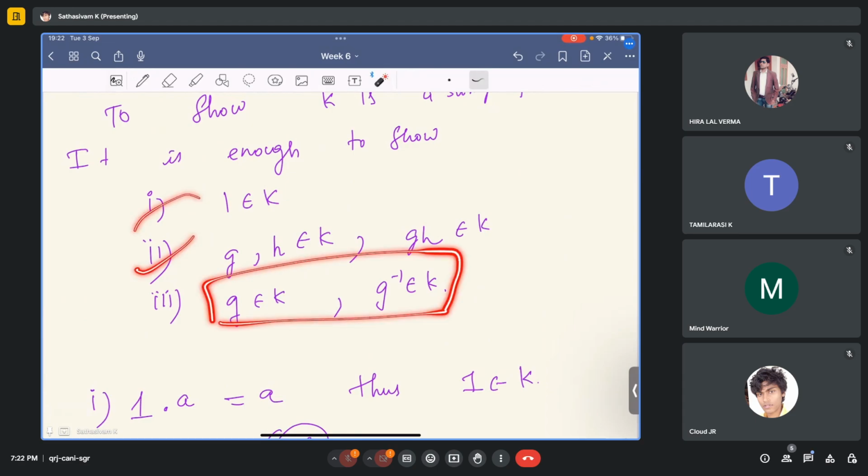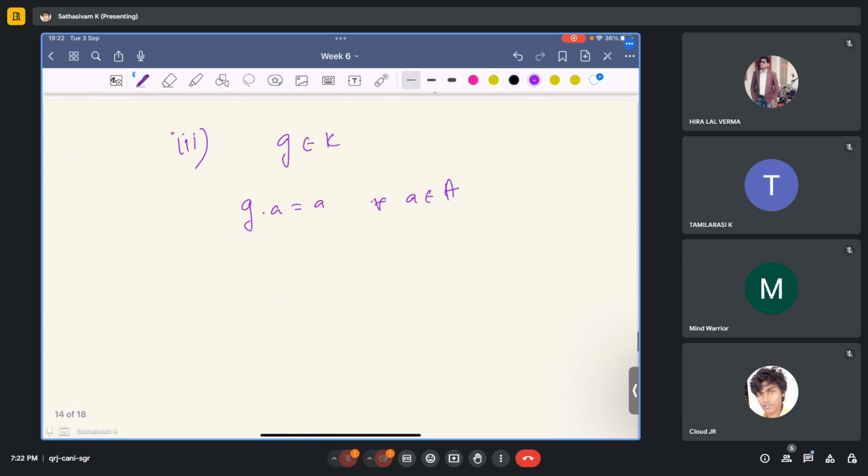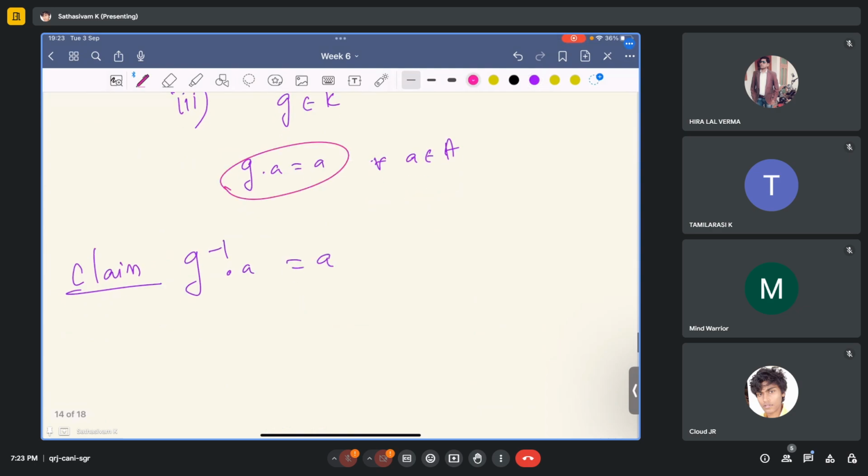Now the last one is, if G belongs to K, I want to say G inverse also belongs to K. So let's start with G belongs to K. It means G dot A equal to A for all A belongs to A. I want to say what is G inverse dot A. My claim is that G inverse dot A is actually A. But we know nothing about G inverse dot A. So how do you proceed is the question that you can ask.